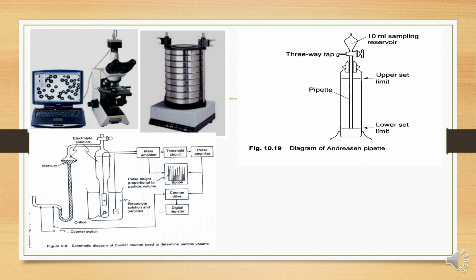Regarding optical microscopy, we use it for particles having a size range of 0.2 to 100 micrometer. In that size range the size is measured in terms of projected diameter, dp, and this directly gives the number distribution.